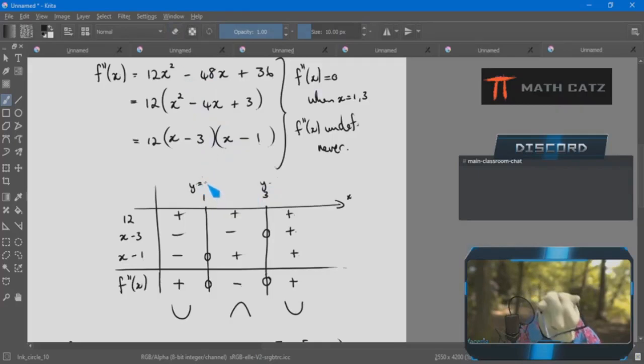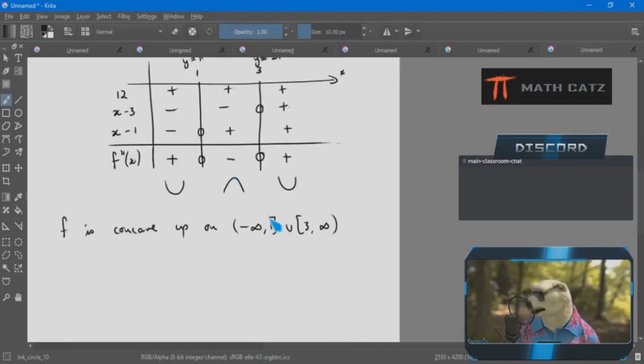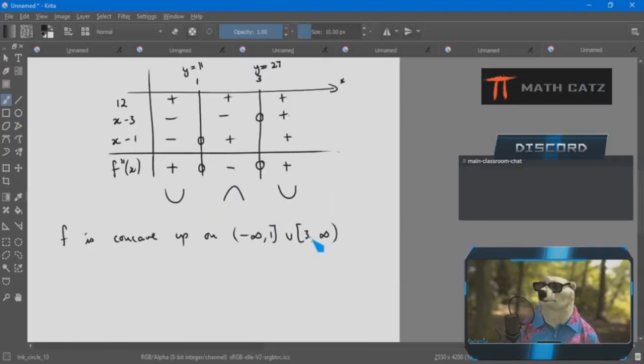When x is equal to 1, I get an 11. Correct me if I'm wrong here. And a 27 when x is equal to 3. So I get y values. I can include them. There are points, regardless of what the second derivative does. So again, just want to clarify because I don't know what you're thinking. I'm totally guessing.